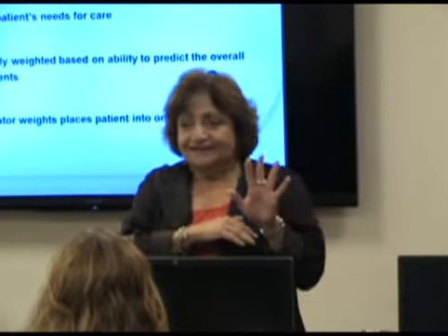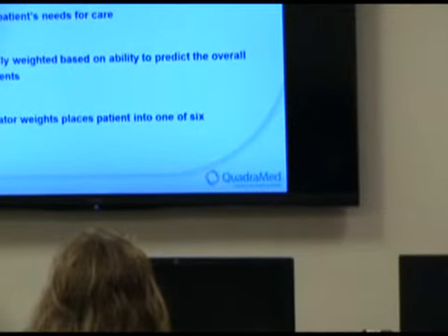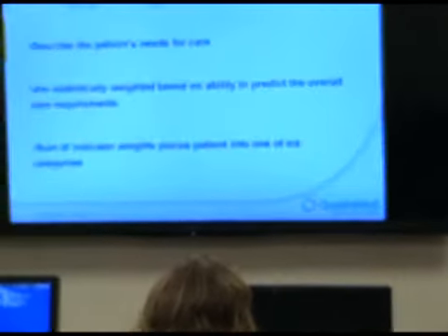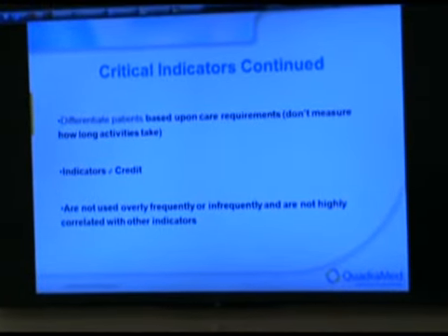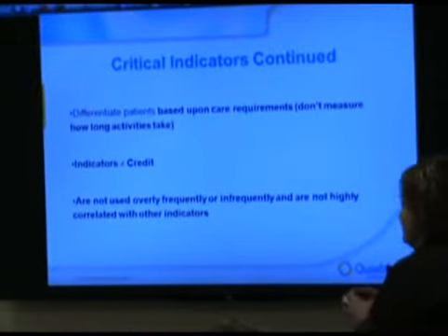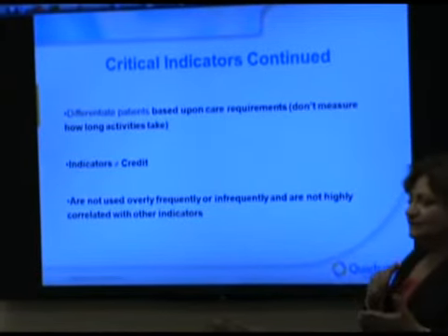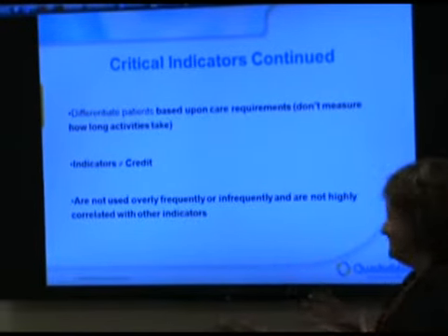Maybe? Okay, good. The sum of the indicator weights places the patient into one of 6 categories. Again, we're differentiating patients based on care requirements. We don't look at how long an activity takes. That's another piece of the system.